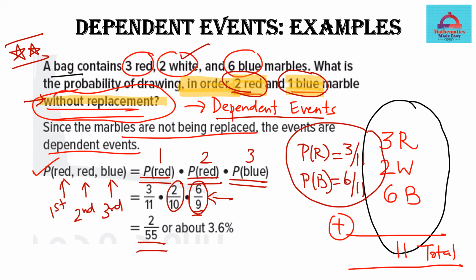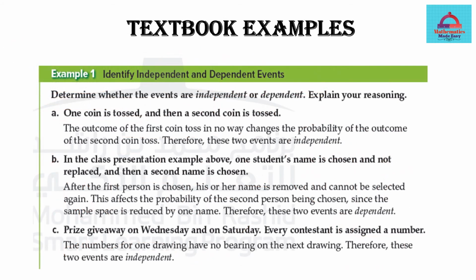So just multiply all of them in fraction form. Your answer comes out to be 2 divided by 55, and you can convert it into a percentage. Definitely just multiply with 100, and this is 3.6%.